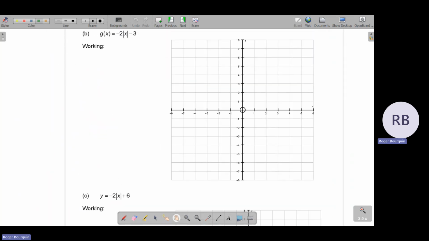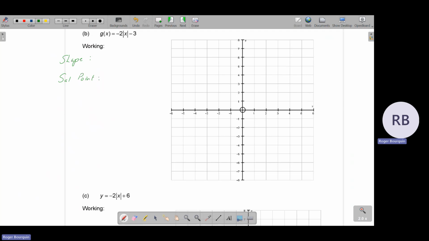Okay, so you want to do the shape and the salient points. Just do those two things first.